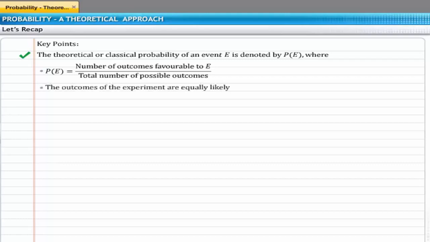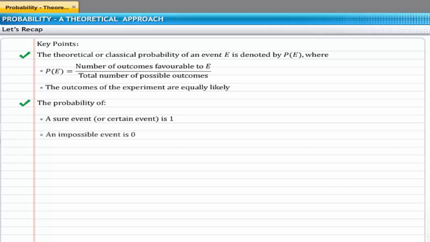Here, it is assumed that the outcomes of the experiment are equally likely. The probability of a sure event or certain event is 1. The probability of an impossible event is 0. The probability of an event E is a number P of E such that 0 is less than or equal to P of E, which is less than or equal to 1.